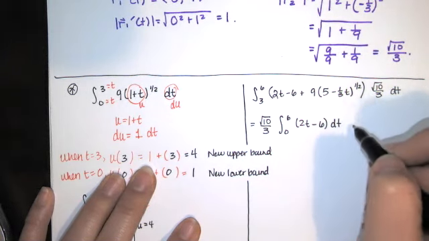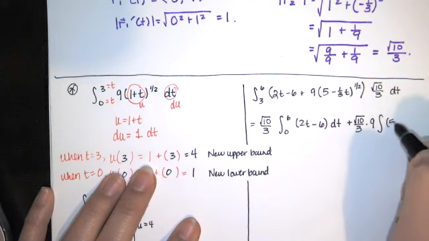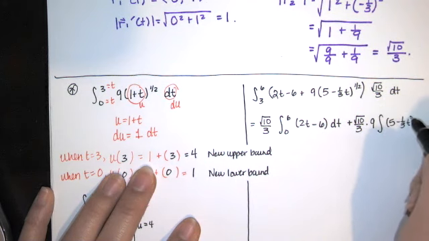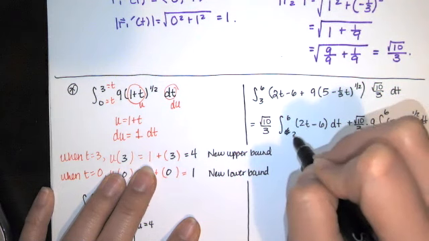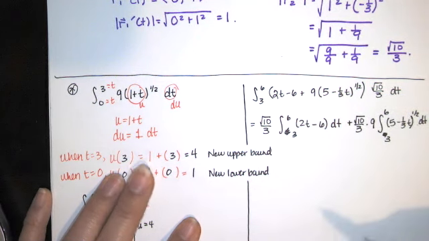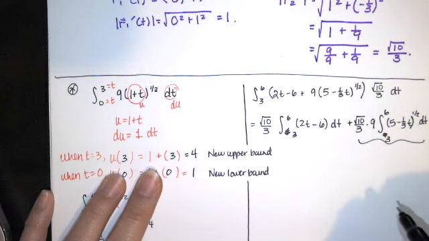And then over here, take out the square root of 3 over 10 as well. Maybe factor out the 9 as well. And then we'll evaluate this piece. It's 3 to 6, not 0 to 6. Okay. So I think I will do this little piece later because it requires a u sub.